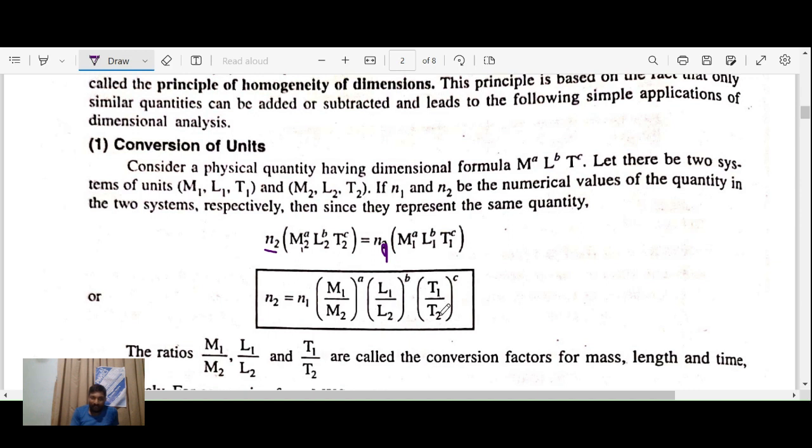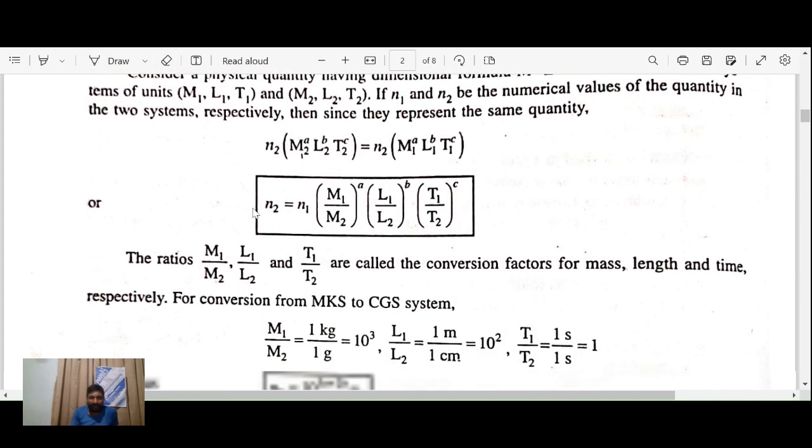L1 over L2 is a ratio. T1 over T2 is a ratio. Their powers are a, b, c. Can you understand it? Just go through it while you understand. It's the simplest and very easy concept. Then let's see what is going to be done over here. I'm explaining these things. It's very important and very easy to understand, simple maths.